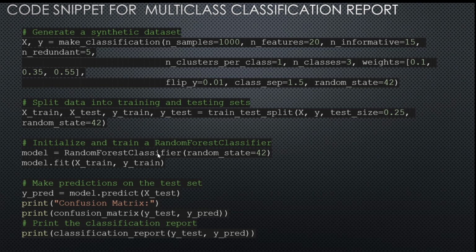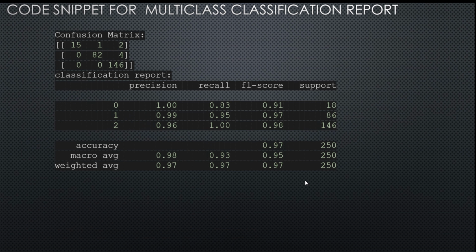We have created a random forest classifier, trained the model, and then try to predict. So this becomes my prediction values, y-pred, and this is my label. When I pass them to the confusion matrix, it will give me the confusion matrix. And when they are passed to the classification report, it will give me precision, recall and the F1 score, all three of them. Here it is.